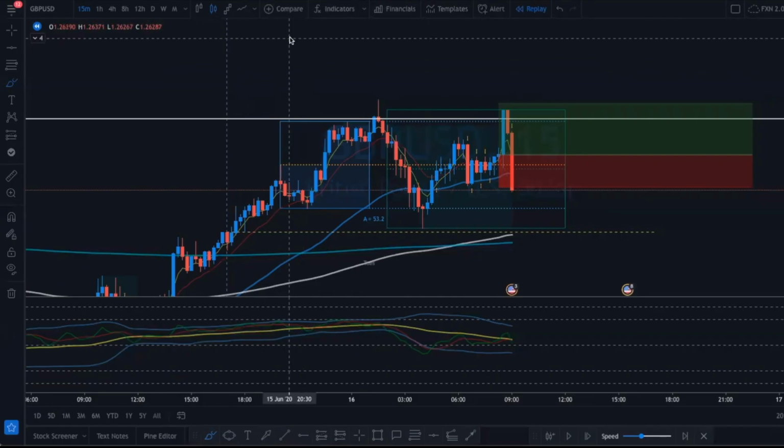If you would have taken this trade, I think that if you would have seen this candle here, where it basically rejected the high, you should have gotten out here and just called it a break even.